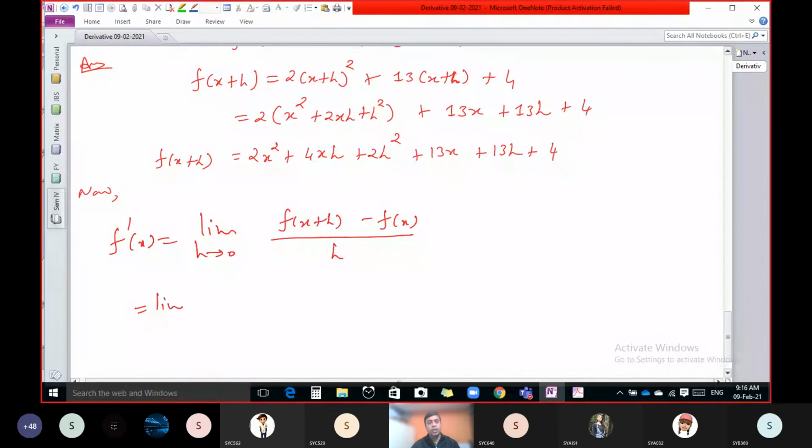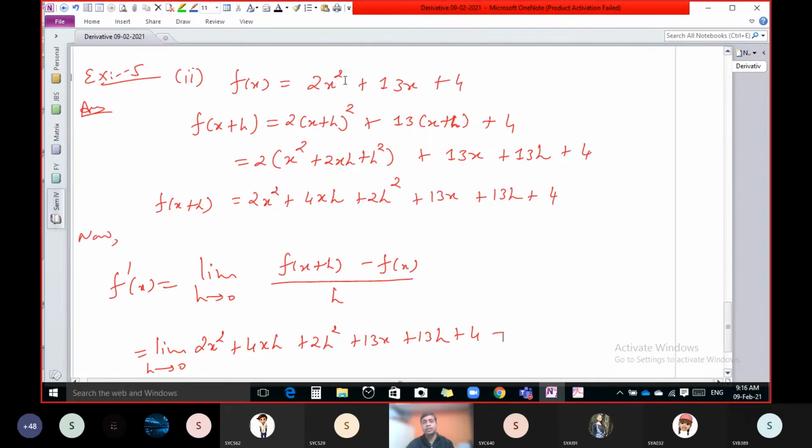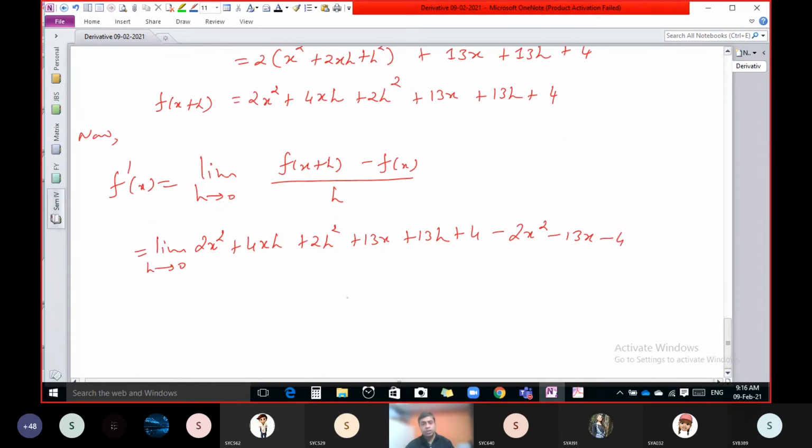So let us substitute all values. f of x plus h, that is available here: 2x square plus 4xh plus 2h square plus 13x plus 13h plus 4, minus f of x. See, this is f of x, but there is a negative sign. Minus f of x is there. So what would we write here? 2x square minus 13x minus 4. Correct. And divide this by h.